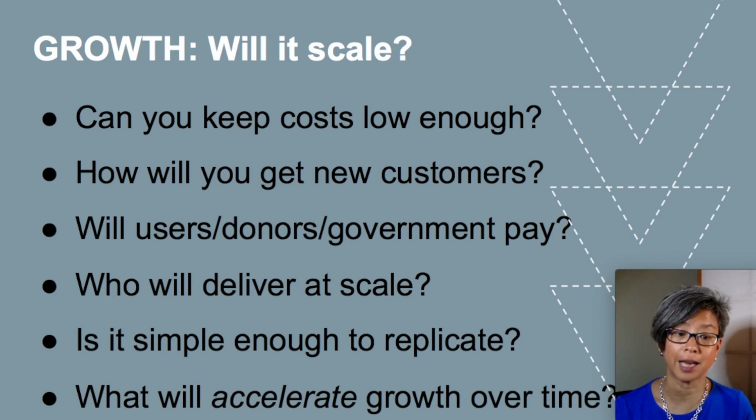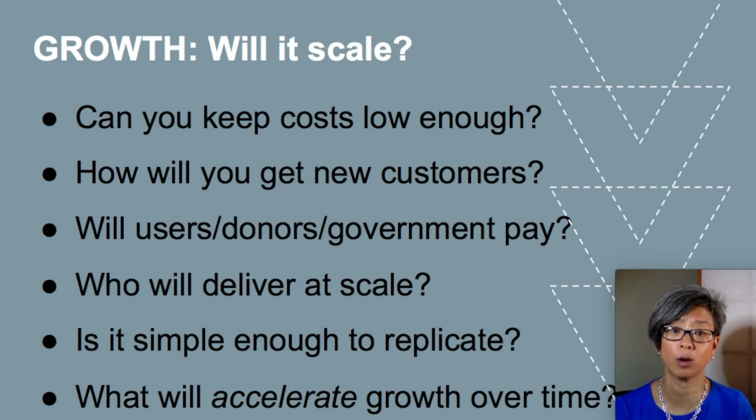This usually means that it has to be cheap enough and simple enough so that it can scale. Most often, it also means we're going to have to move beyond donor or charitable funding to a more sustainable model, most commonly through some variation of a business model or government adoption.